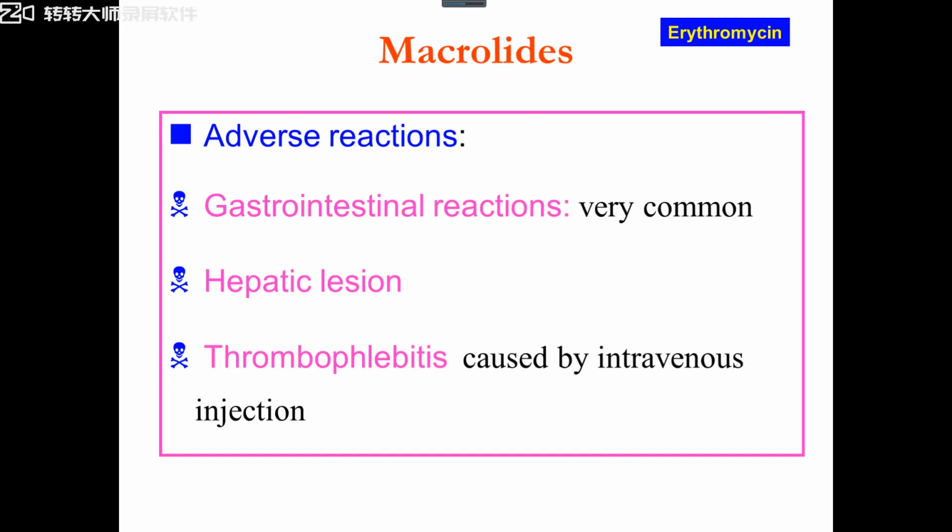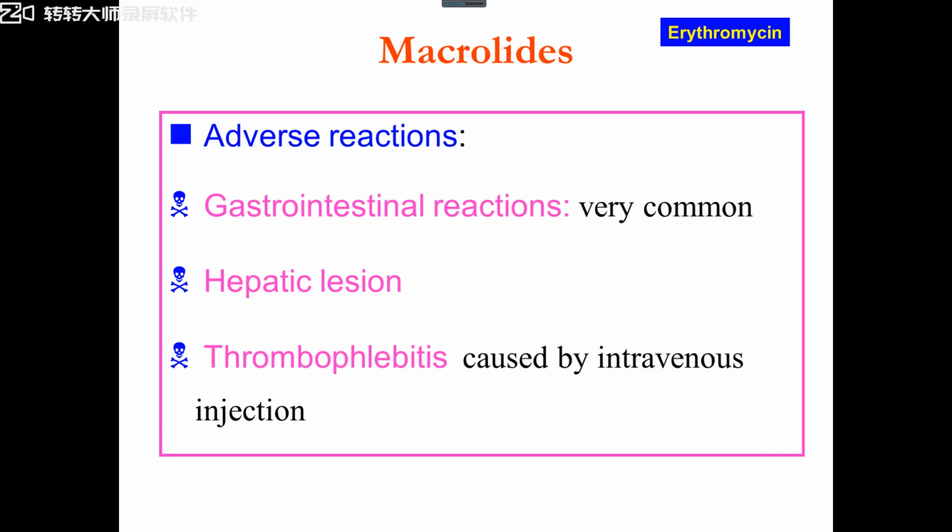That means we should pay attention to 2 points. The first point: if the patients are elderly or have abnormal hepatic function, we couldn't give these 4 kinds of drugs.